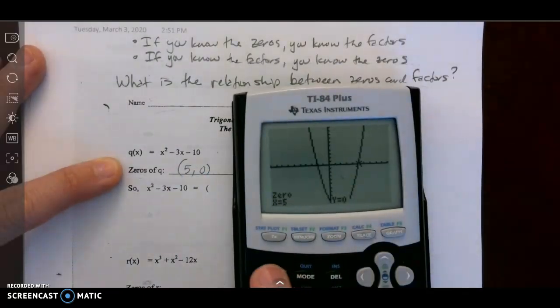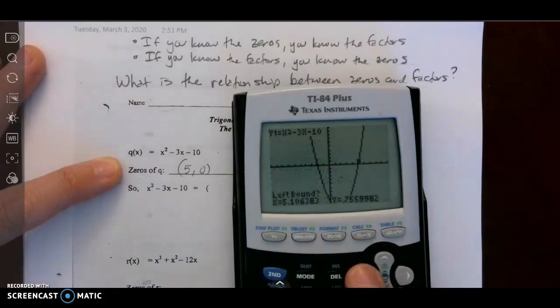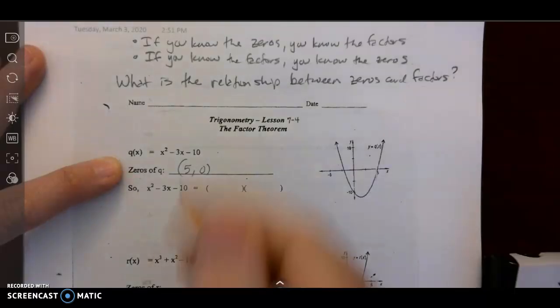Let's find my other zero. Second trace, go to zero. Okay, left, and it is above on this one, right and below, and I get -2, 0.